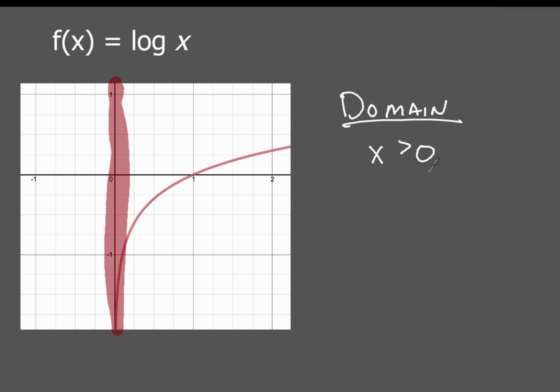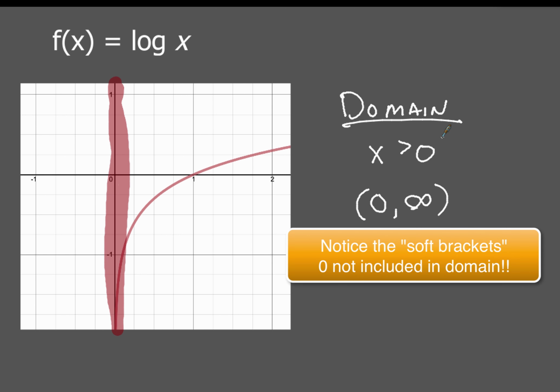So the domain of the log function is x is greater than 0. If you write this using interval notation, it would be from 0 to infinity. So anytime we have this function, we're going to have to pay attention to the domain, especially when we are solving equations that are logarithmic in nature.